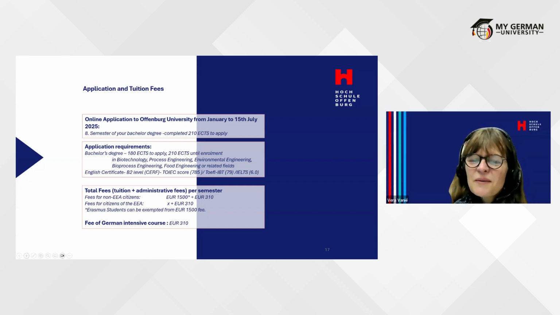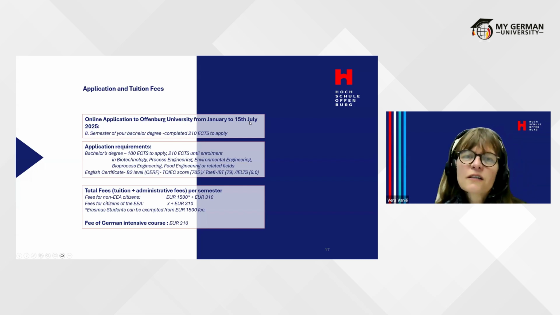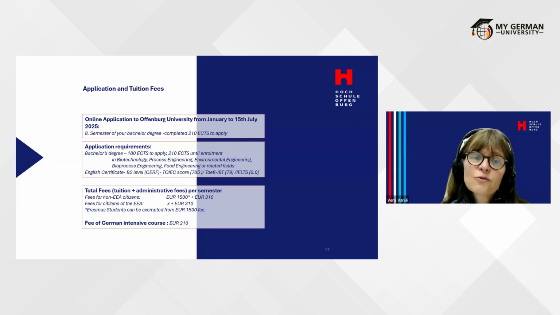Yeah, thank you. I just wanted to add that the online application is open until the 15th of July, but for international students coming from outside the European Union, it closes on the 31st of March, because we want to process your applications as soon as possible and give you the possibility to have the visa for September if you want to join us in September or in October.